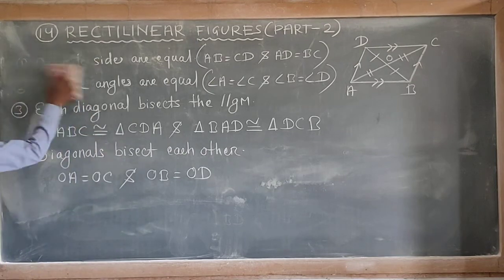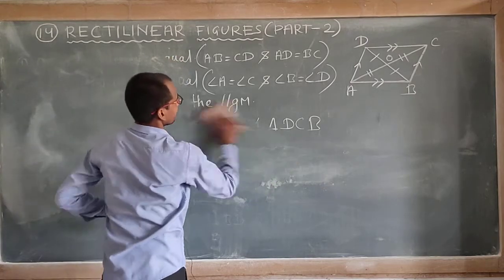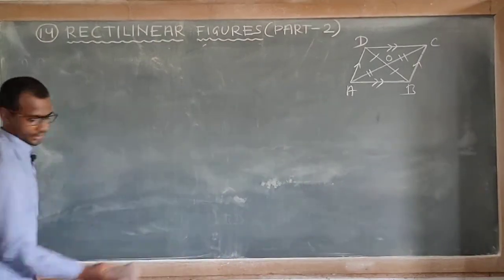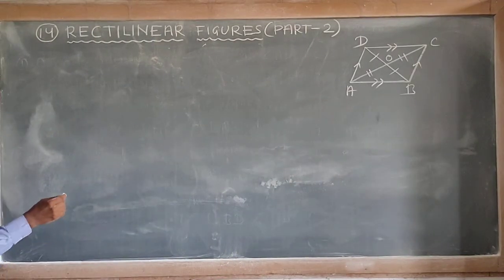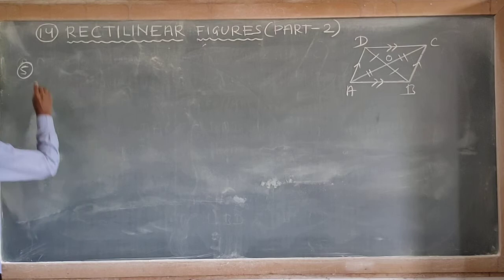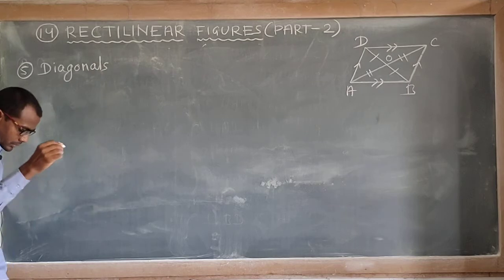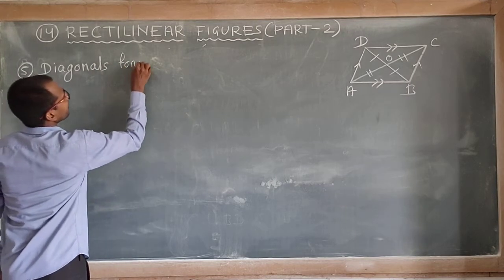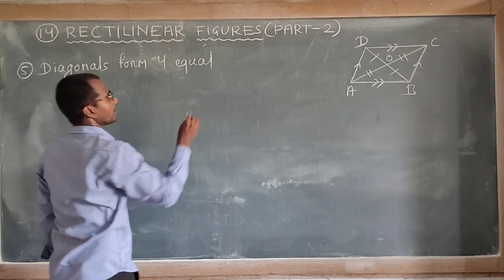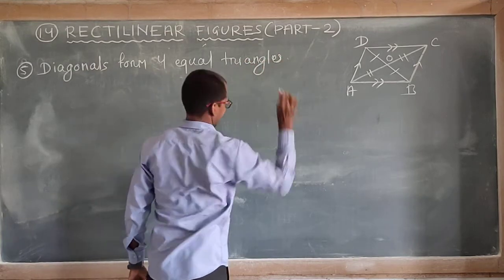Next property, number 5. Fifth property is diagonals form equal triangles.